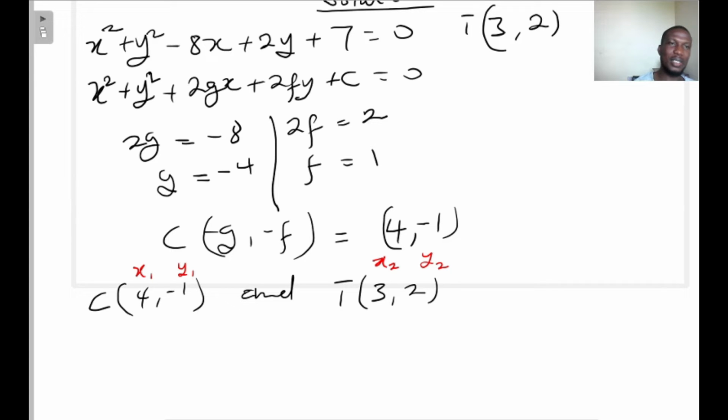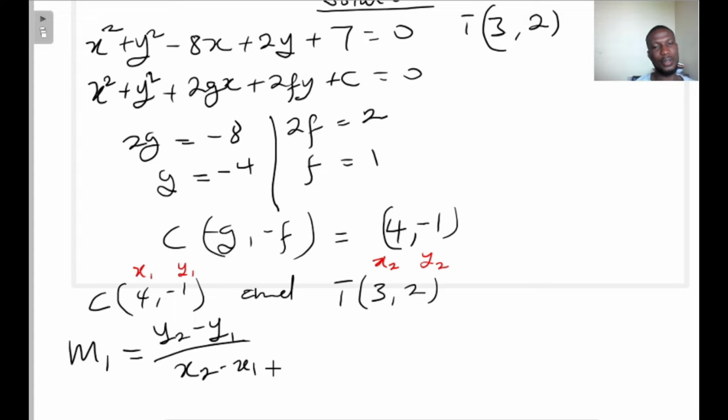And if we decide to call that one M1, then M1 will be changing y over changing x. And that will give us 2 minus negative 1 over 3 minus 4.